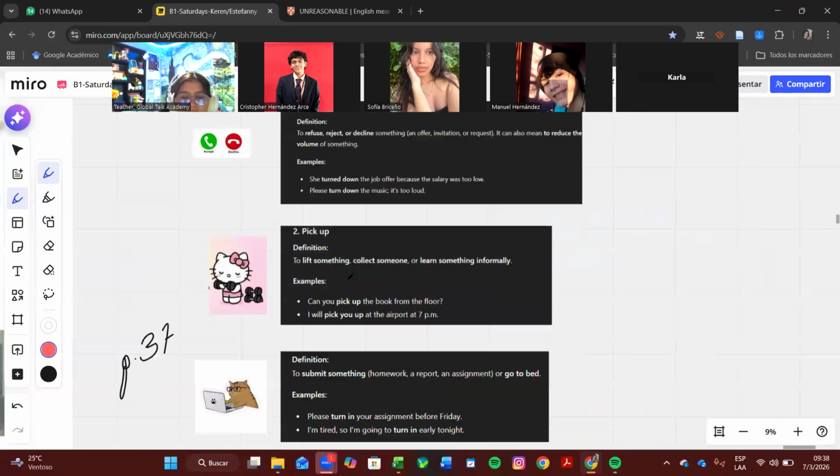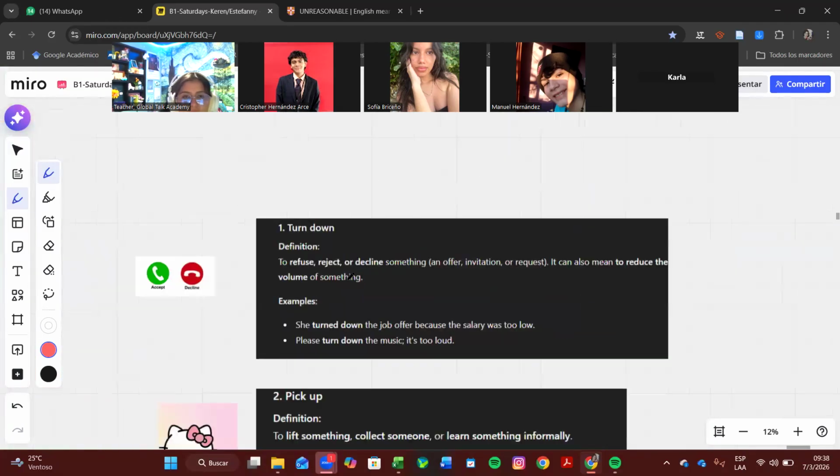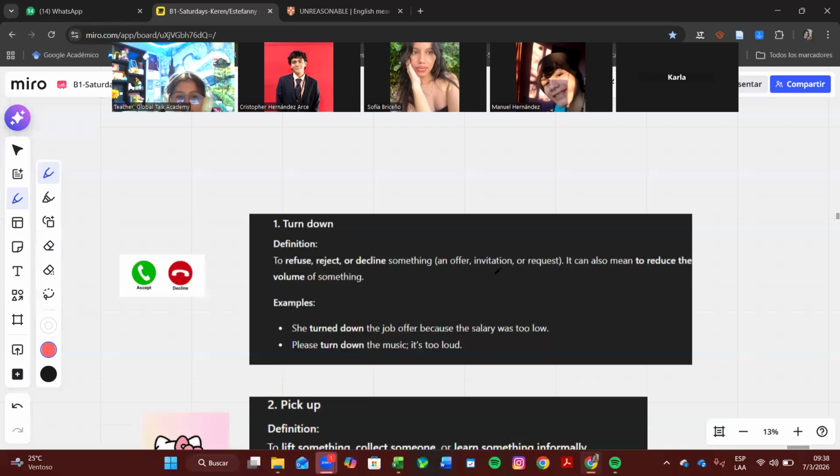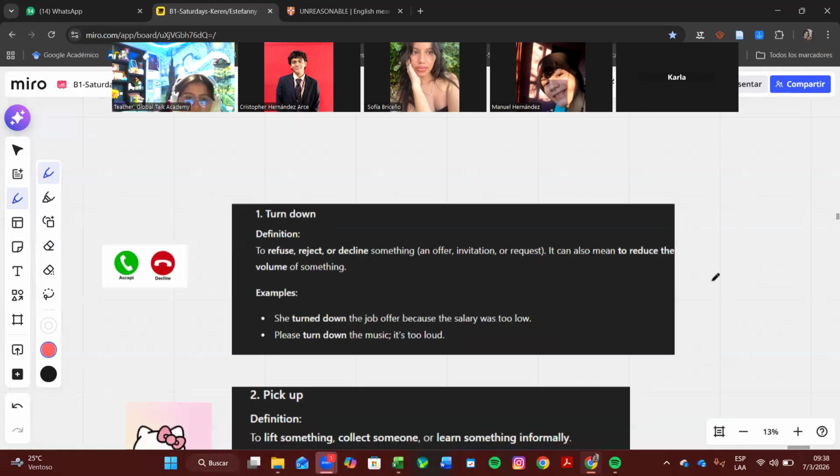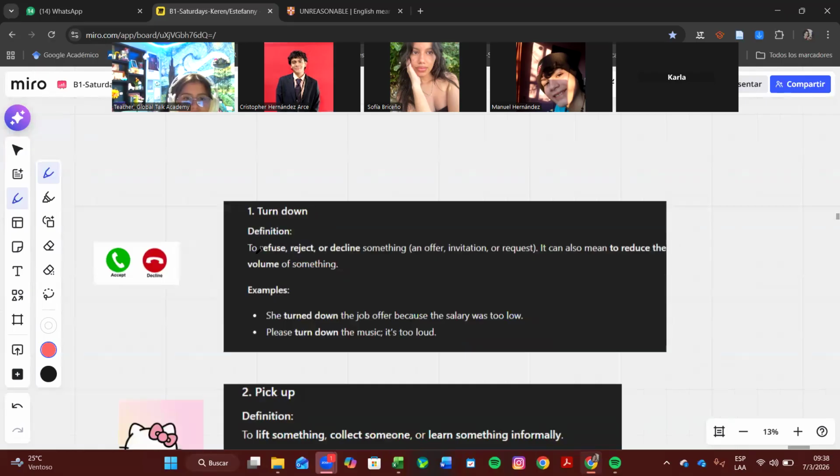And here I have some definitions of it. You can maybe take a screenshot or something. I can also upload it to Google Classroom, but if you have the chance, you can take a screenshot. So this is the definition of turn down, to refuse, and we have the example. She turned down the job offer because the salary was too low. For example, please turn down the music, it's too loud.